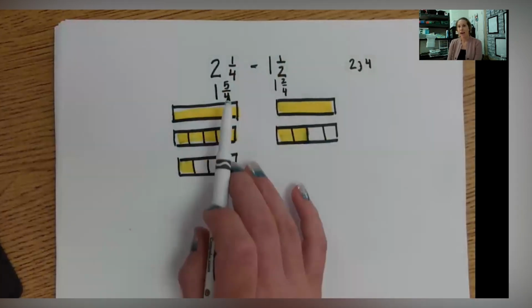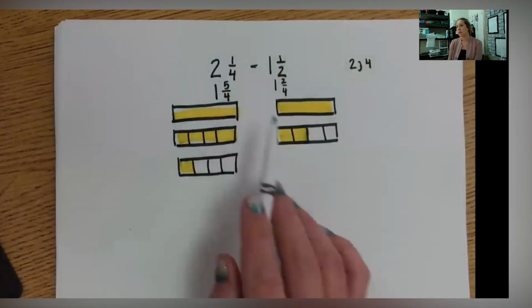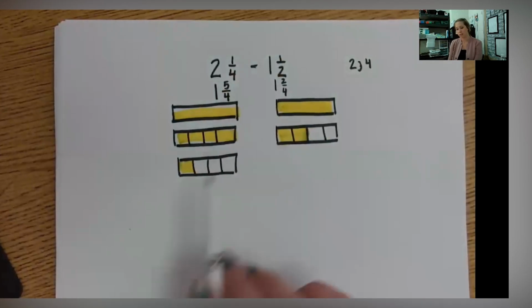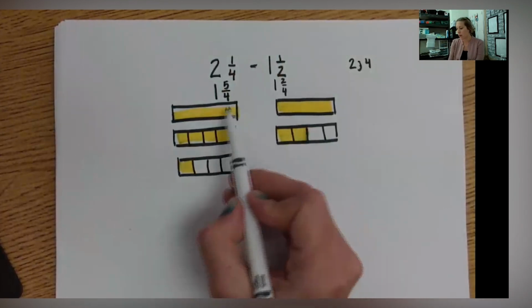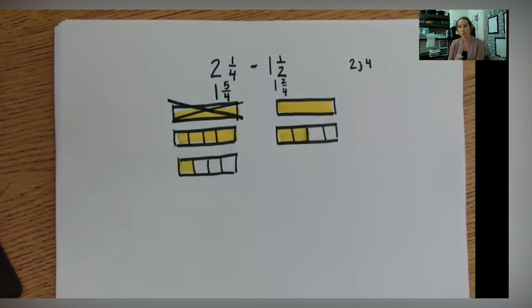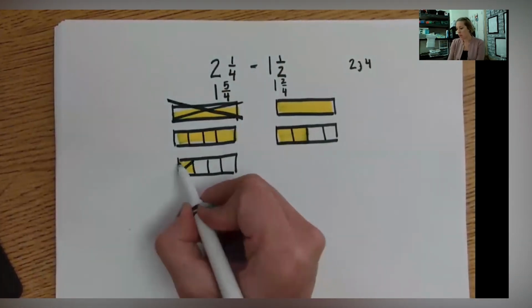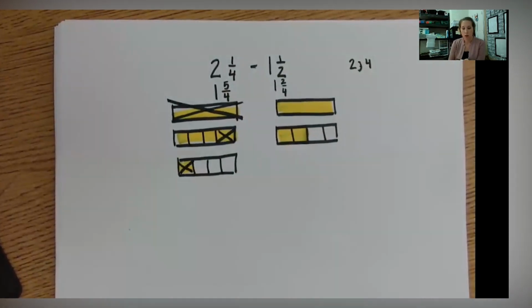Fabulous. And if I have 5/4, can I take away 2/4? I sure can. Remember, how do I model subtraction? Amazing work. Remember, we mark it out. We show it being removed. And so I need to take away 1 whole and 2/4, which leaves me with what?